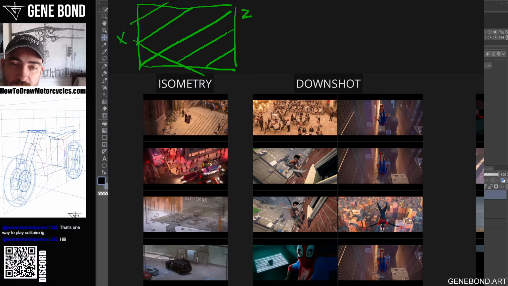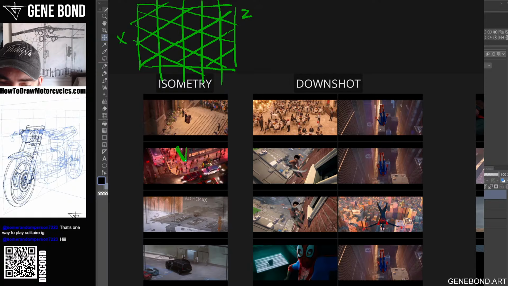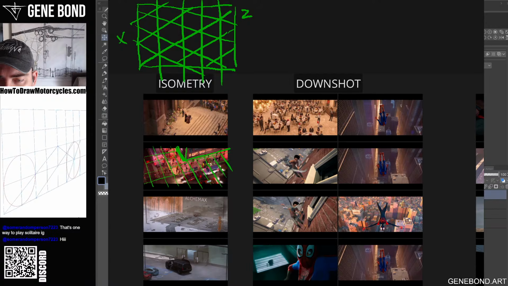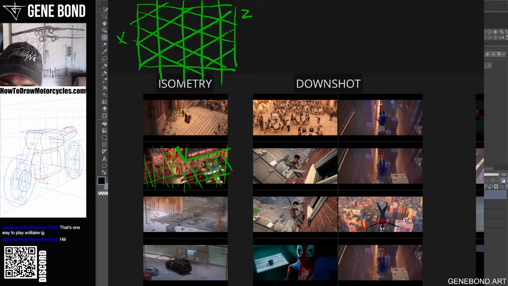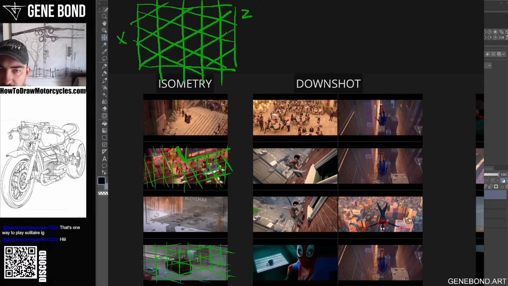So we have Z, X, and Y. You see, here in this building, this is Z, this is X, and this is Y. Same in this scene. You can also see variations of the same type of grid, but you can play around with it and have these different variations.